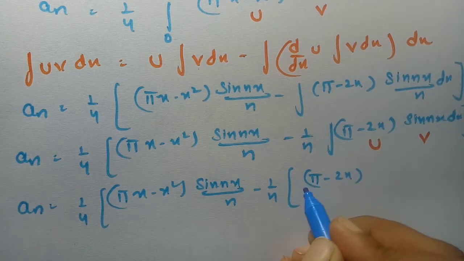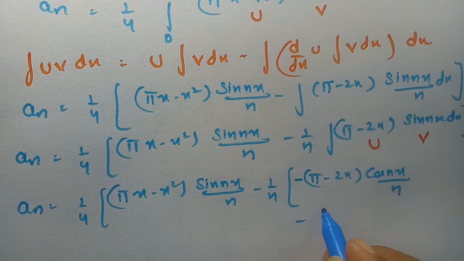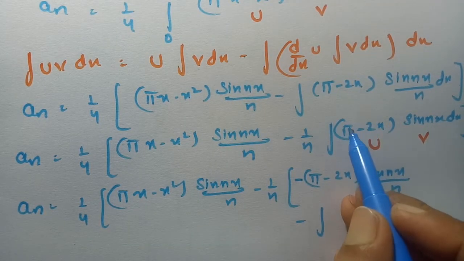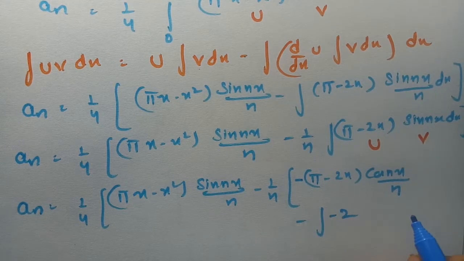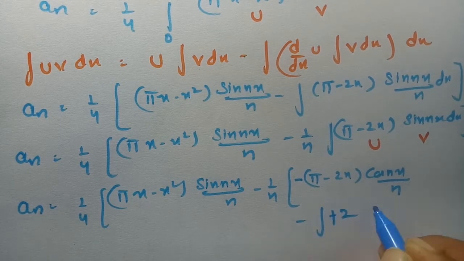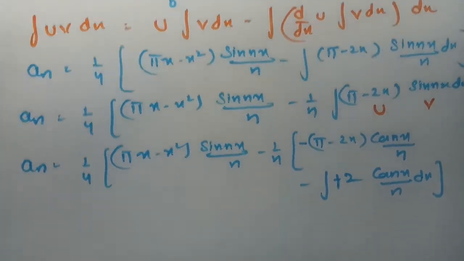For integration of sine nx it is minus cos nx by n, minus integral derivative of u, you have to take the derivative. For constant it is 0, for x it is 1, so minus 2 remains, and again for sine nx the integration is minus cos nx by n of dx.